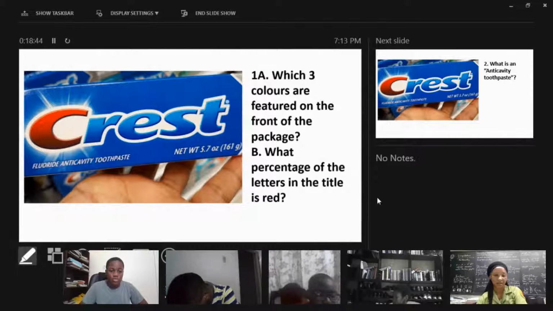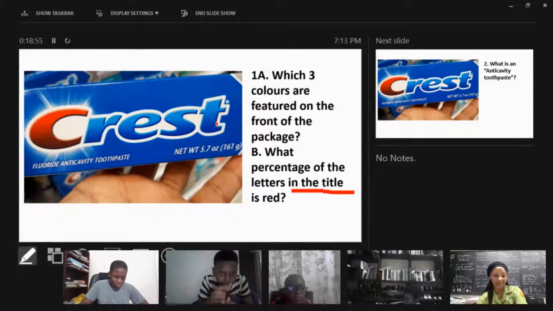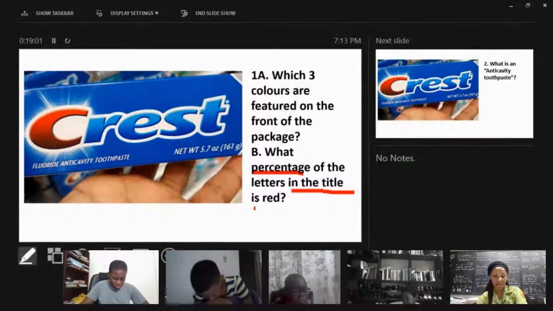Jer is saying in the title, and they're asking about the title, we have 5 letters, Crest, and they want to know what percentage of the letters is red. So there's 1 red.